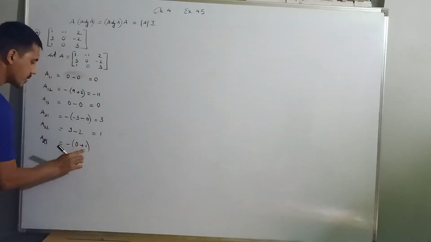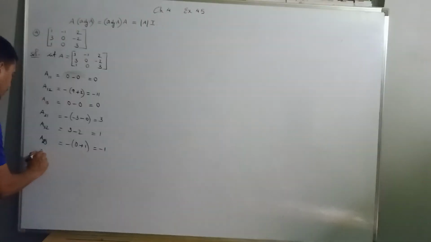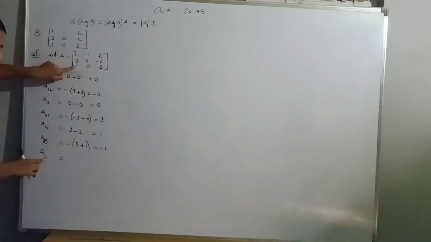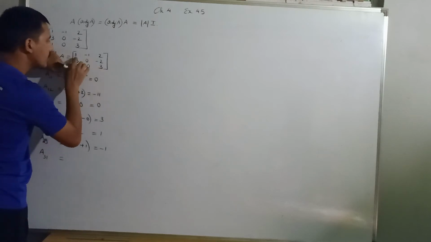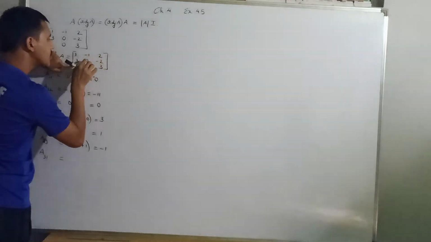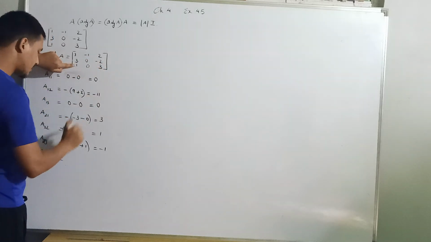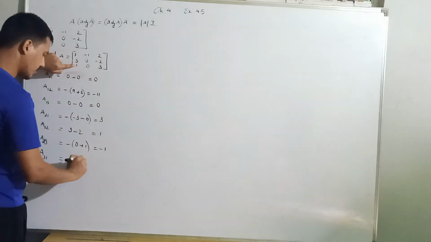So minus plus, minus 1. Now A31, the cofactor of this element: minus 1 to the power 3 plus 1, so minus 1 to the power 4 is positive. The minor will be the determinant of minus 1, 2, 0, minus 2. Minus 1 times minus 2 is plus 2, minus 0 into 2, 0.